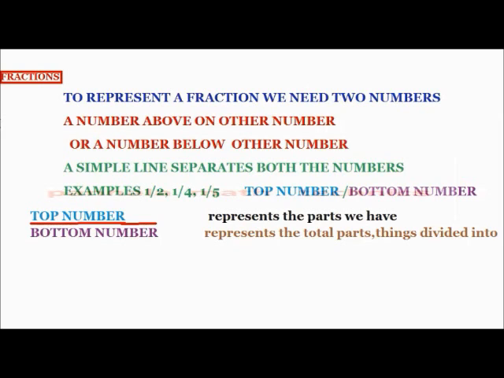A simple line separates both the numbers. Examples: 1 by 2, 1 by 4, 1 by 5. Top number by bottom number. The top number represents the parts we have. The bottom number represents the total parts, that means the number of parts the thing is divided into.